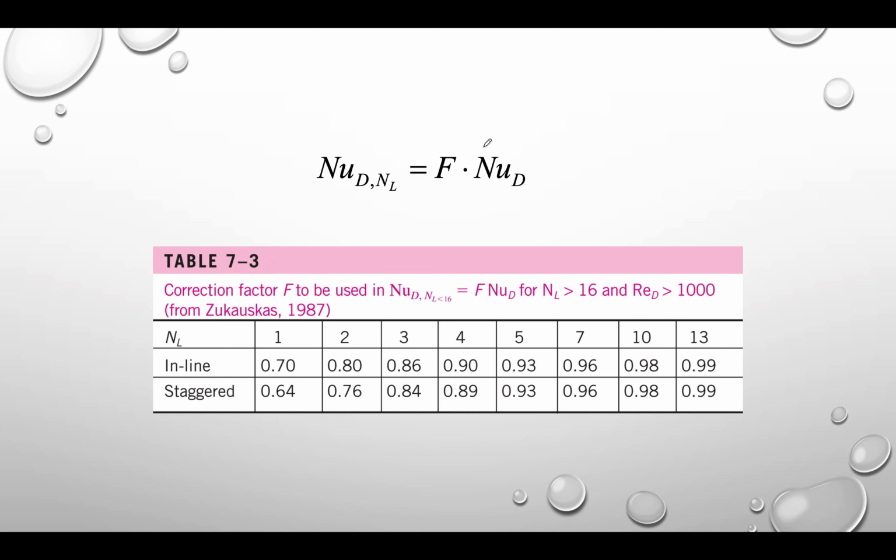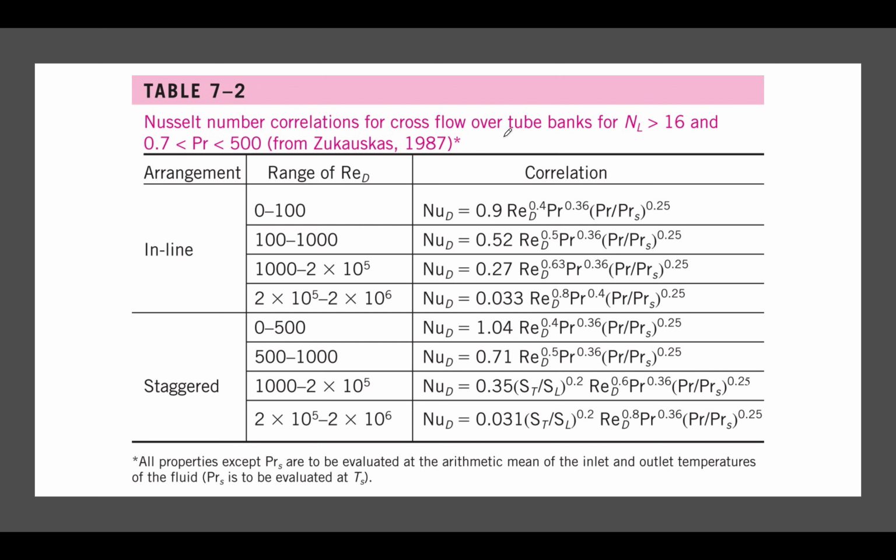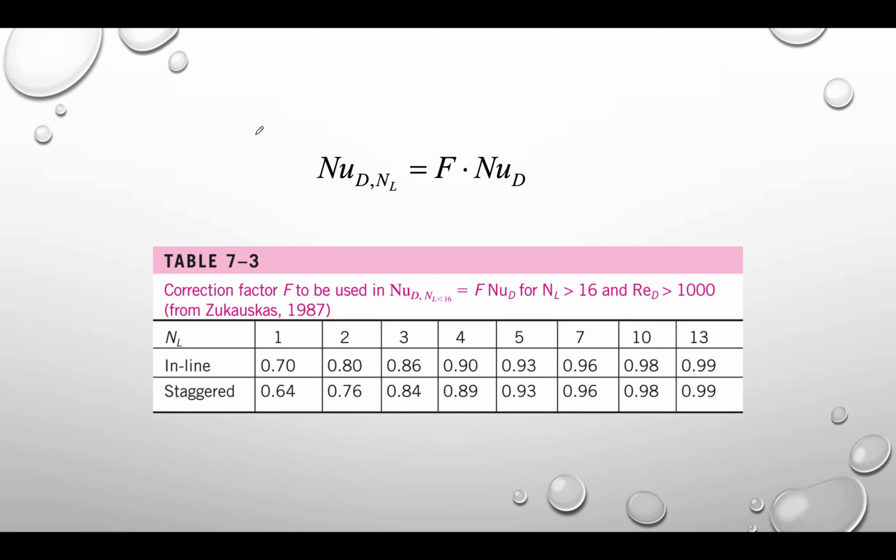You have to calculate the Nusselt number D from Table 7.2 and then find the correction factor F from Table 7.3, then multiply both to get the Nusselt number for your number of rows below 16. So for a number of rows below 16, you have additional steps to follow in order to find the Nusselt number. So let's do this question.